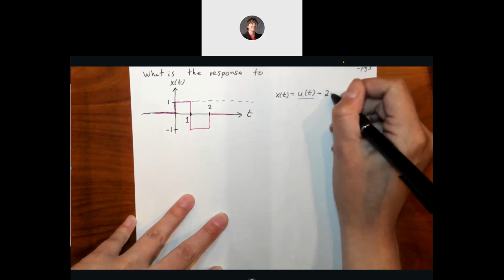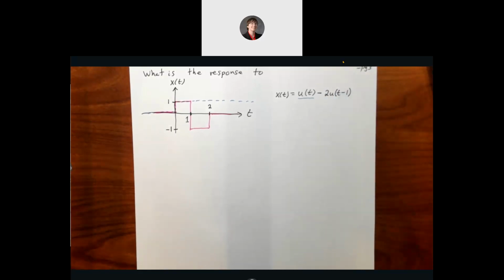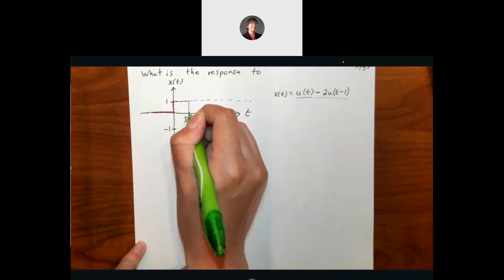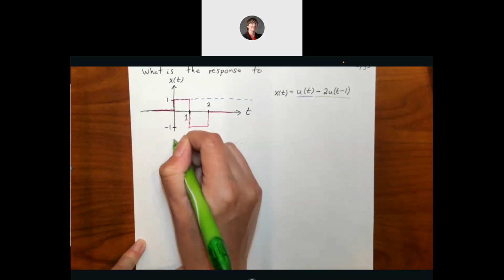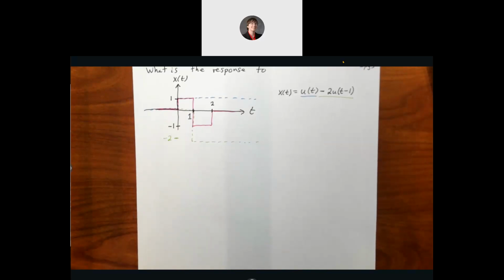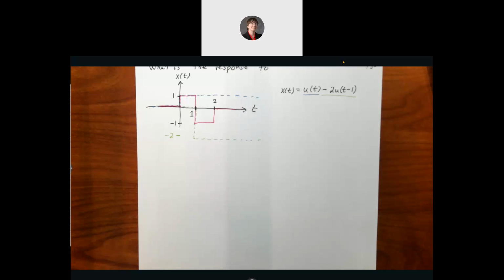Subtract from that a height 2 step, which is shifted by 1. So this would correspond to a height 2 step signal. So it's going to cancel out that +1, add another -1.